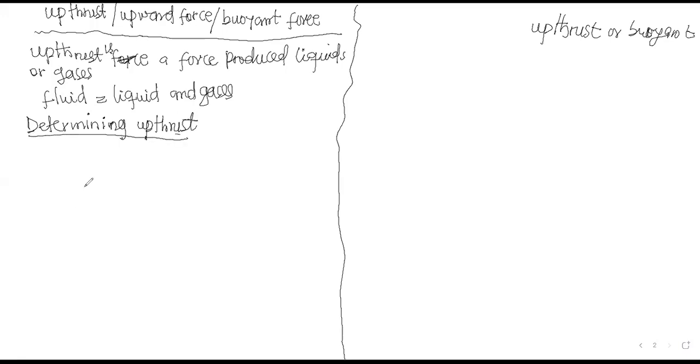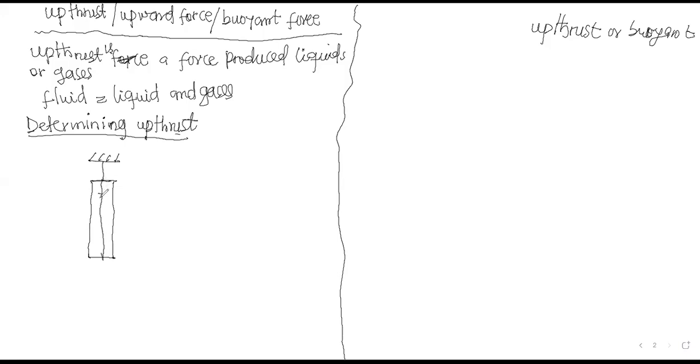There are two different ways of calculating or determining upthrust. The first method is that you weigh an object using a spring balance in air. So an object is weighed in air using a spring balance, and the same object is also weighed in liquids or fluids.